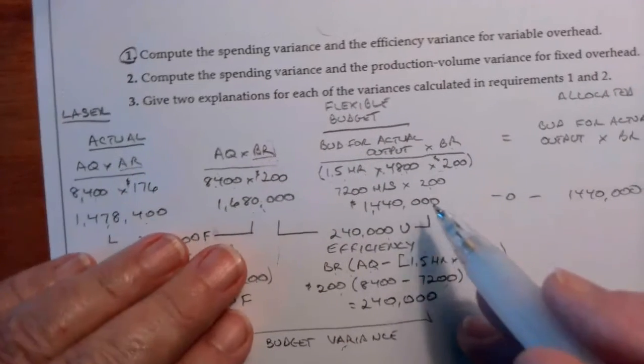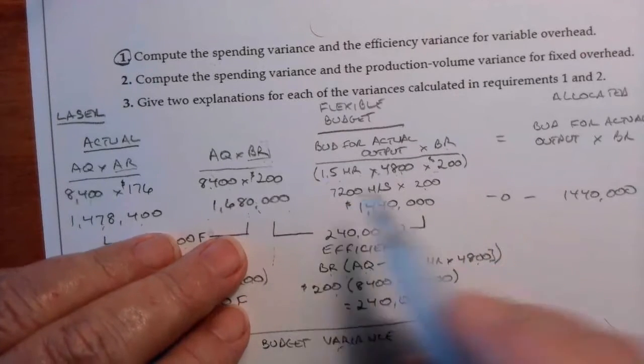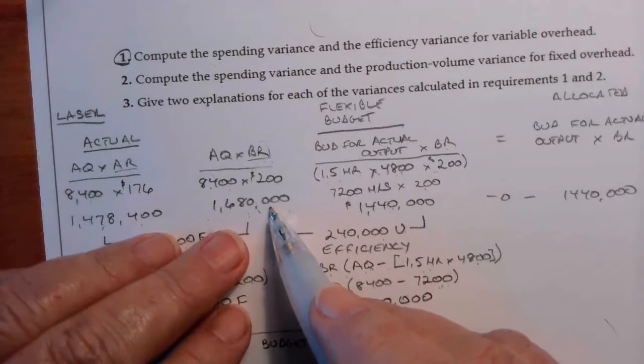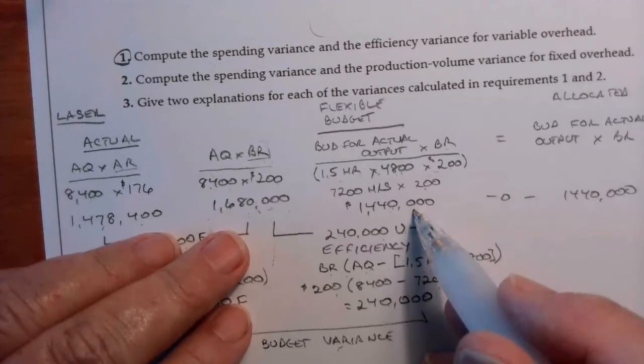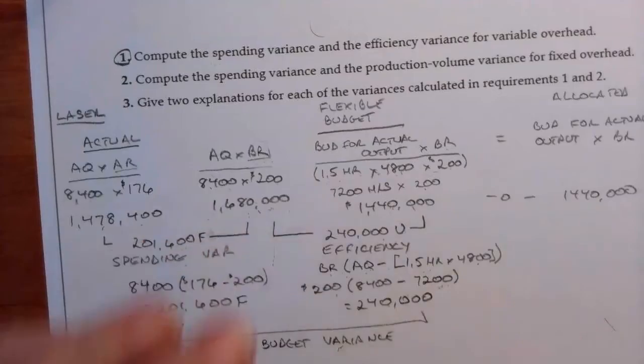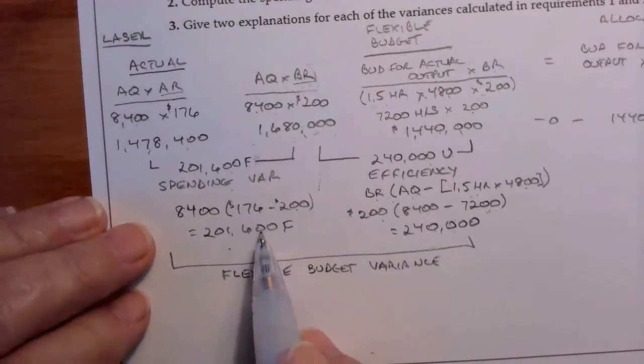In this case, the efficiency variance would be unfavorable because our formerly flexible column is now greater than the flexible budget. I don't know what's flexible about this budget, but that's what they call it. The last thing on here is the reduced formula.